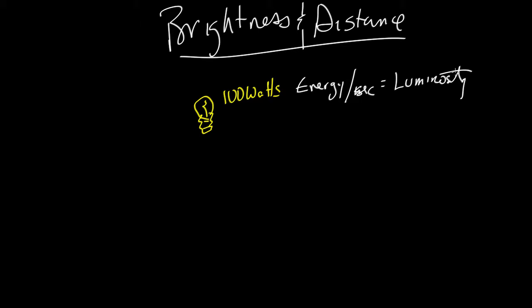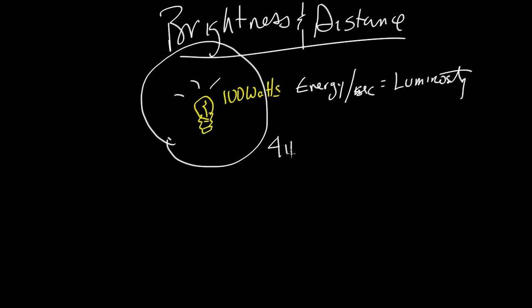So as the light bulb puts its light out, it puts it out in a giant circle around the light bulb that has a surface area of 4 pi the distance squared. So that's equal to the area that the light shines out from. So if I'm going to look at this light bulb with my eye, for example, I am going to only intersect a small amount of the light from that light bulb.